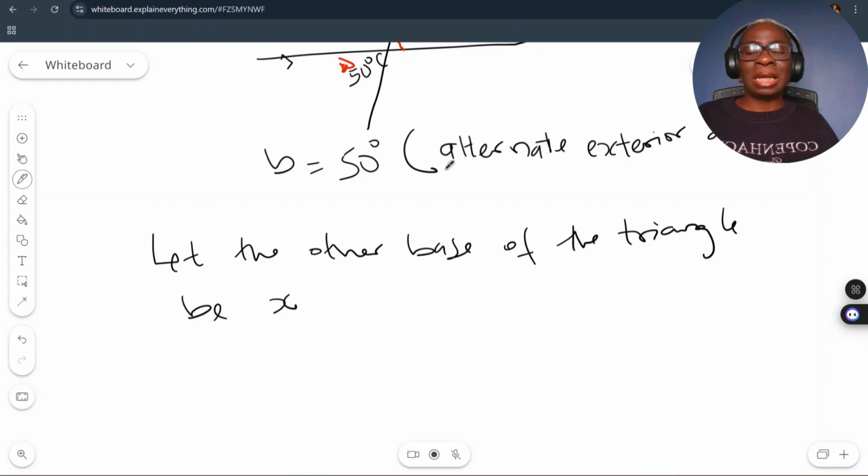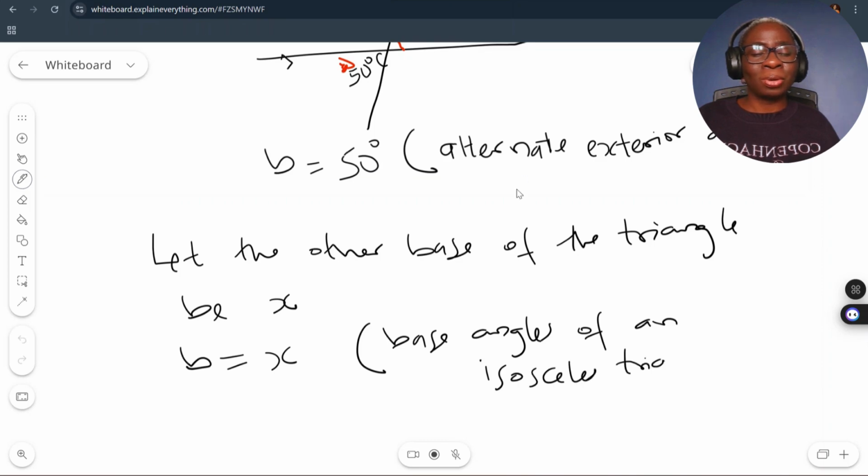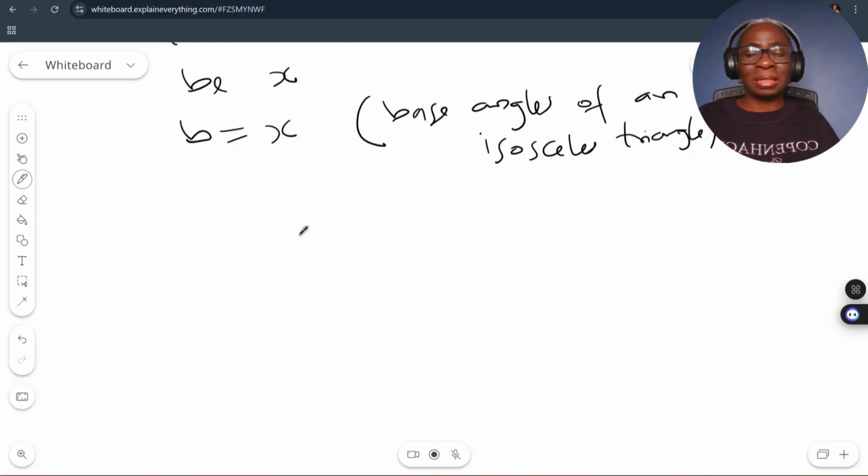Let's use x. Then we will say B is equal to x, and you put in the bracket: base angles of an isosceles triangle. So that means that x equals 50 degrees. That has been sorted.